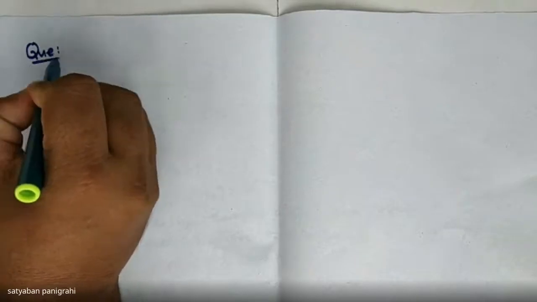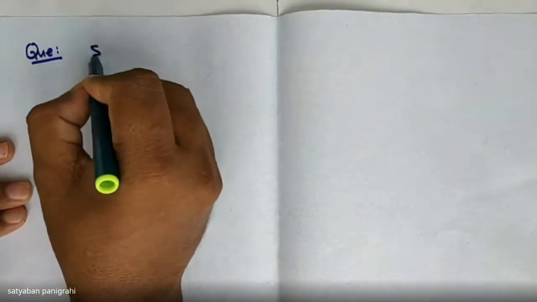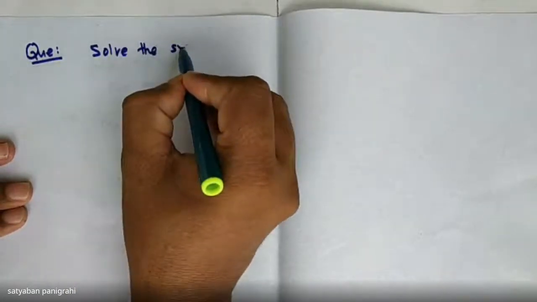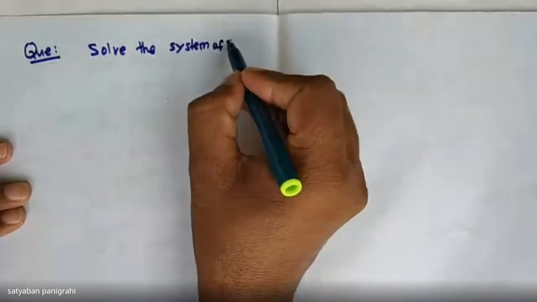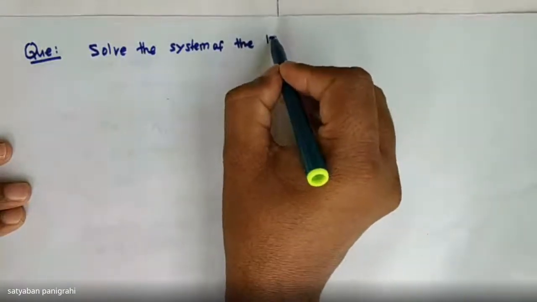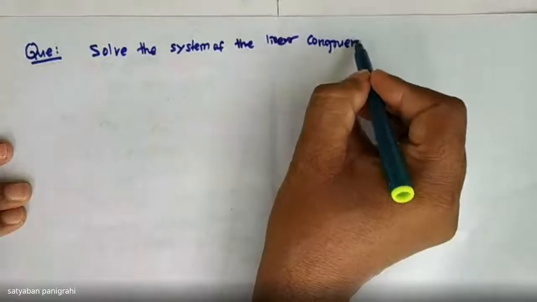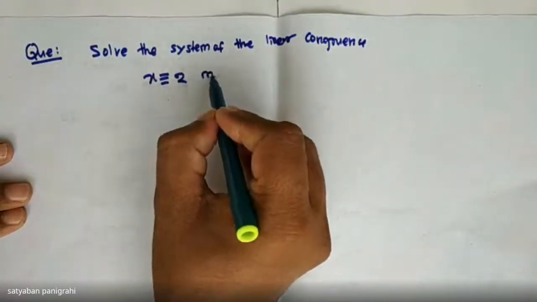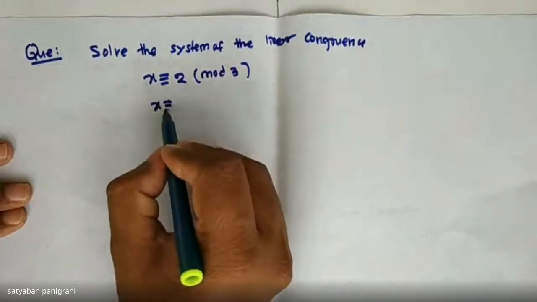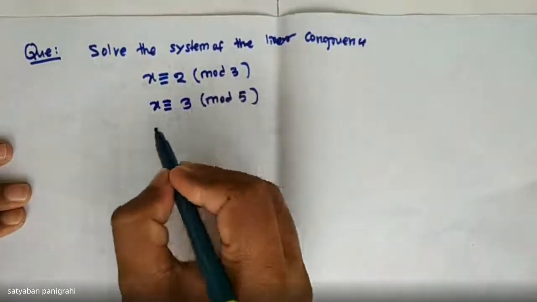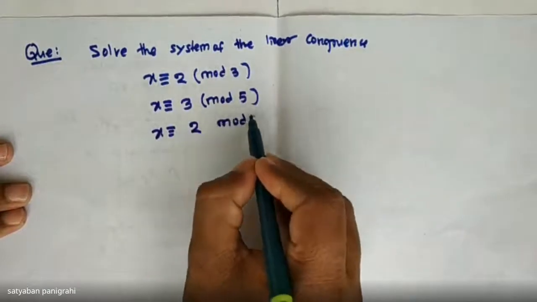Now see here, suppose the question is: solve the system of linear congruences x congruent to 2 mod 3, x congruent to 3 mod 5, and x congruent to 2 mod 7.